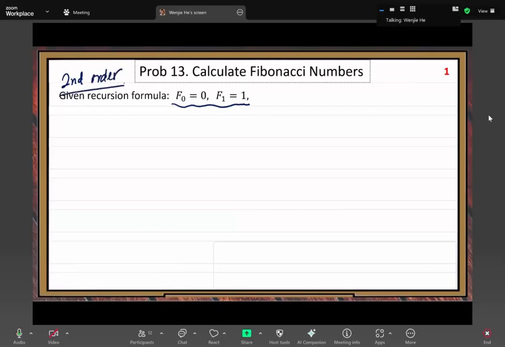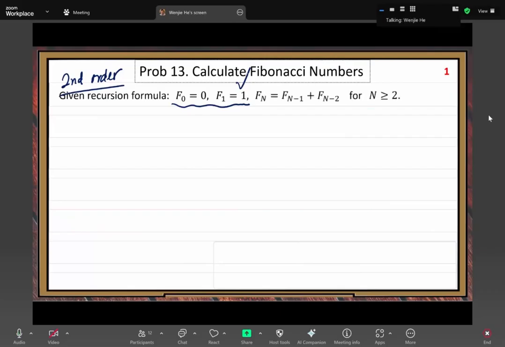When we worked on the Tower of Hanoi problem, that was a first order recursive formula. Here it is second order, so you need two base conditions. One base condition is not enough.